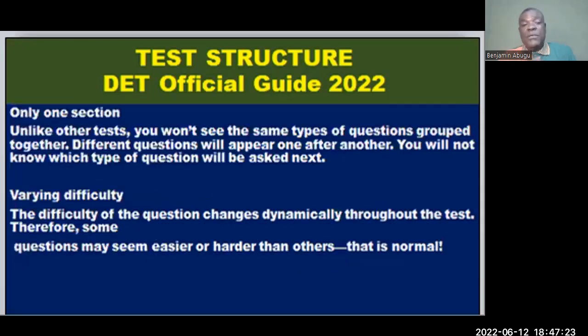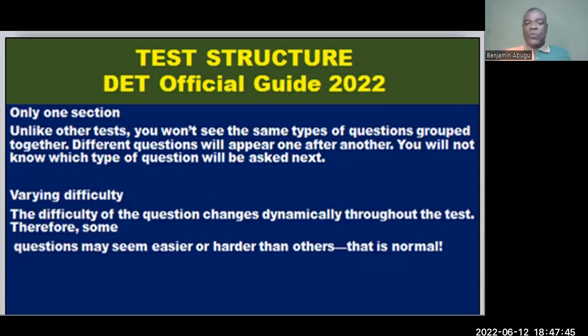Now, there's only one section, and so it differs slightly from other tests. You won't see the same types of questions grouped together, all right? So different questions will appear one after another.